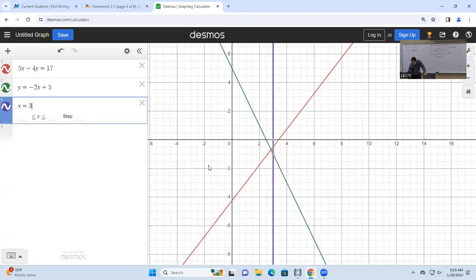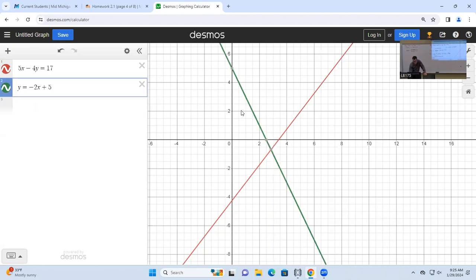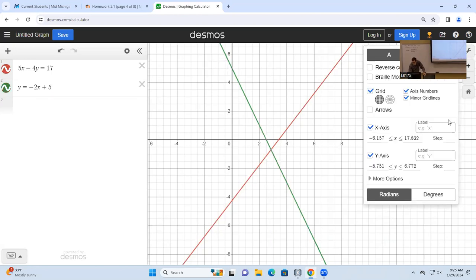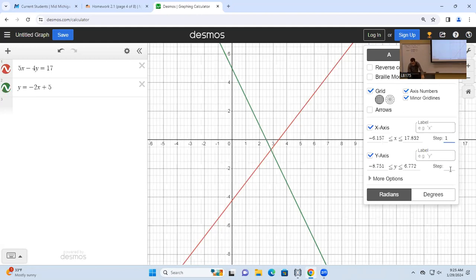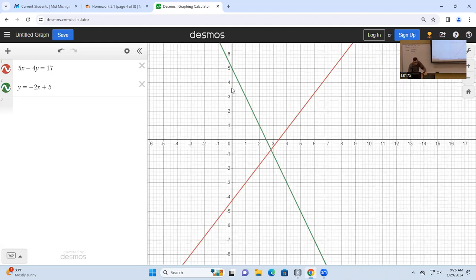We'll take a look at the lines I had graphed. Okay. All right. So I want you to focus on this green line first.